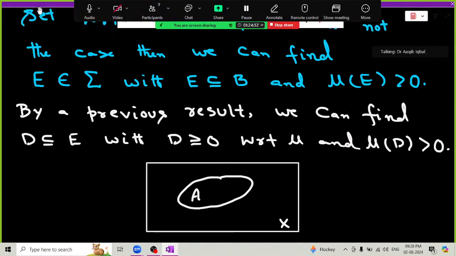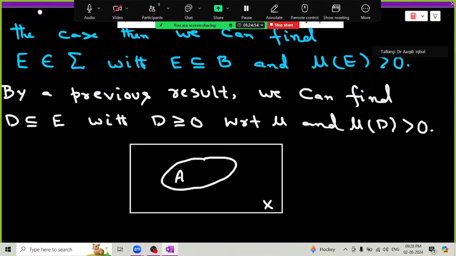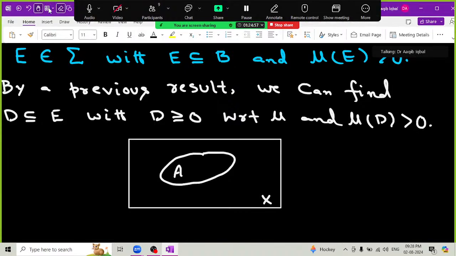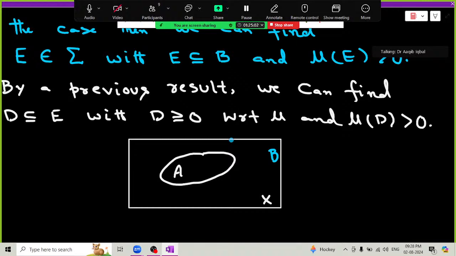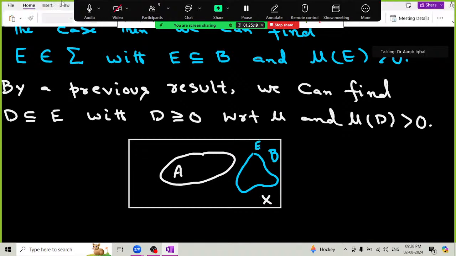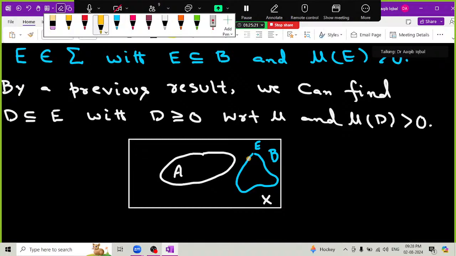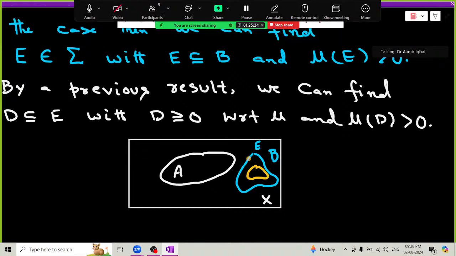B, we know that it is X minus A, so it is actually the complement of A. तो ये जो बाहर वाली territory है, this is B, the complement of A. Now D कहाँ रहता है? D lives in E. Where is E? E is a subset of B. तो इस B के अंदर एक subset है E. मान लीजिए this is E. और इस E के अंदर D रहता है. ऐसे suppose this is your D.